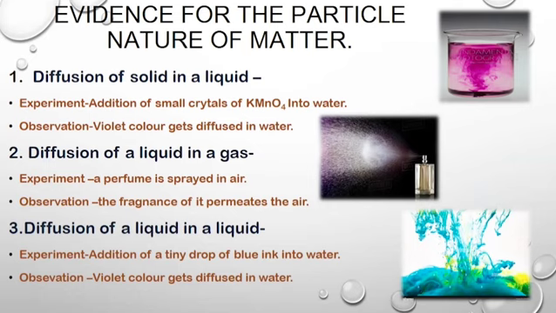Same as that, you can smell the fragrance of a perfume because of the particles present in the atmosphere. Likewise, there are so many other examples, and I have mentioned only a few of them because I want you guys to get the idea of how we can say matter consists of particles.